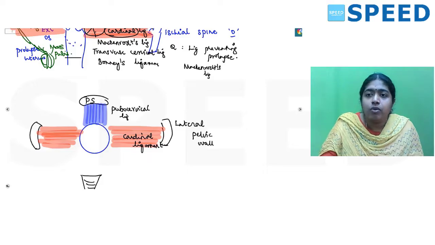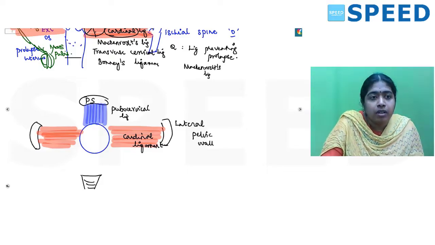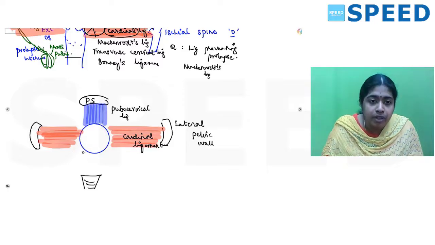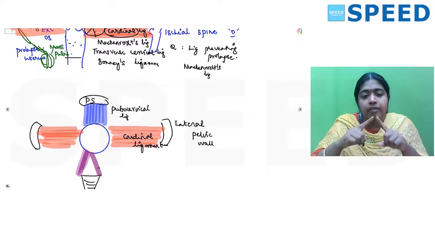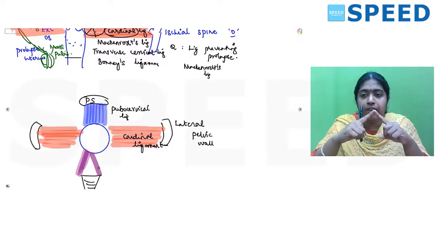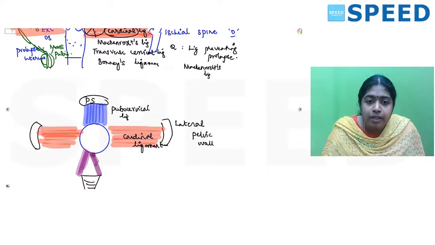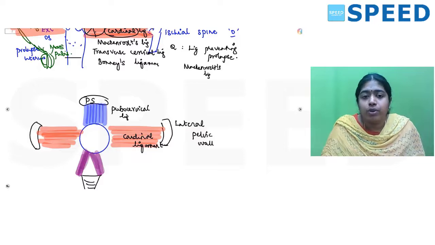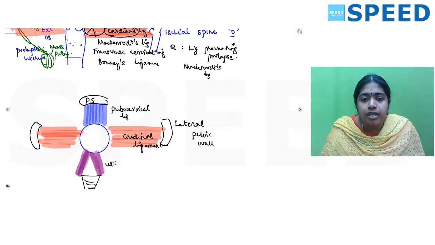So posteriorly it is surrounded by what ligament? We'll choose a different color. This ligament which is attached posteriorly is like an inverted V. Now this ligament is the uterosacral ligament. Instead of calling it cervicosacral, they have named it uterosacral. Not much difference. So this is the uterosacral ligament.